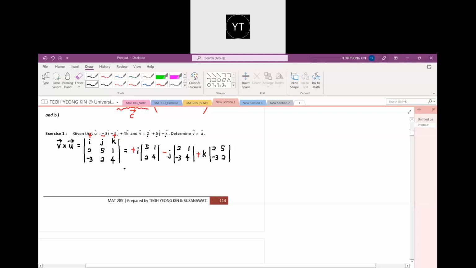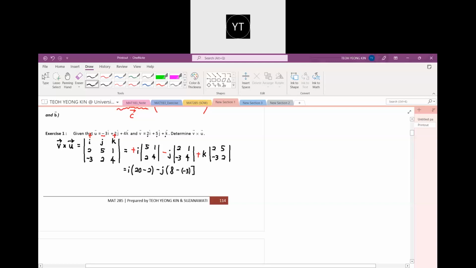So here I have positive 5 times 4, 20, minus 2 times 1 is 2, minus j, open a square bracket: 2 times 4 is 8, minus 1 times negative 3 is negative 3.